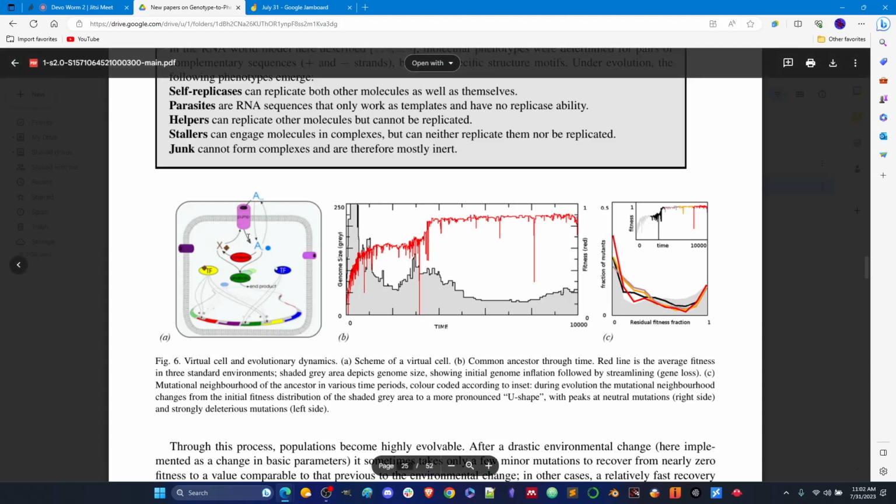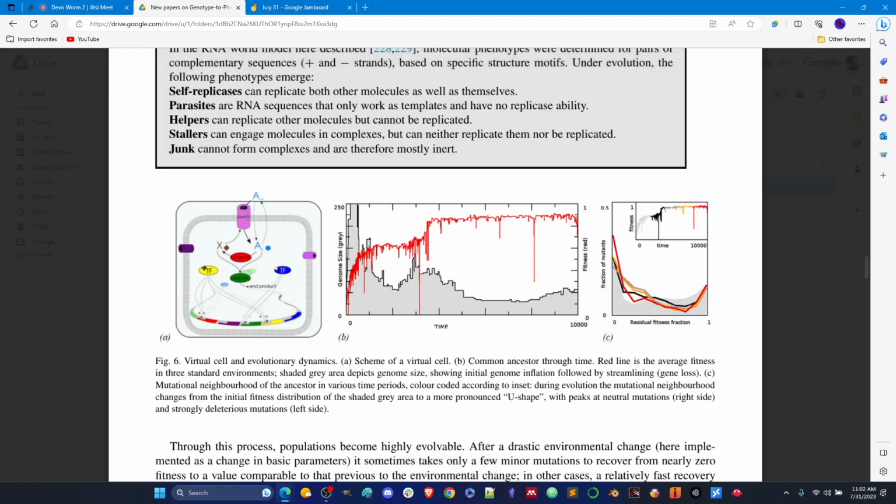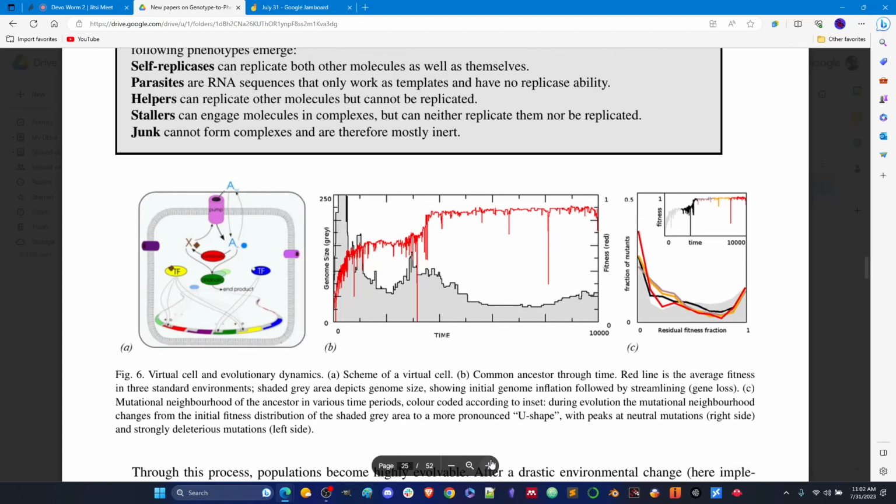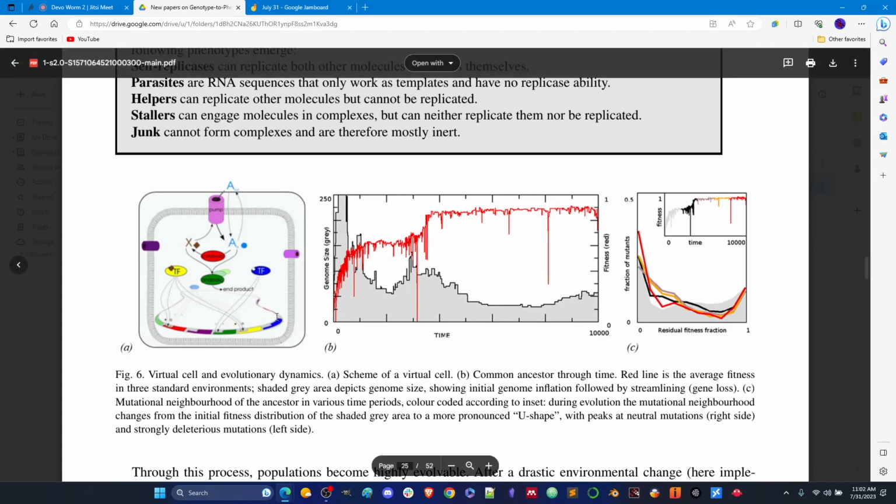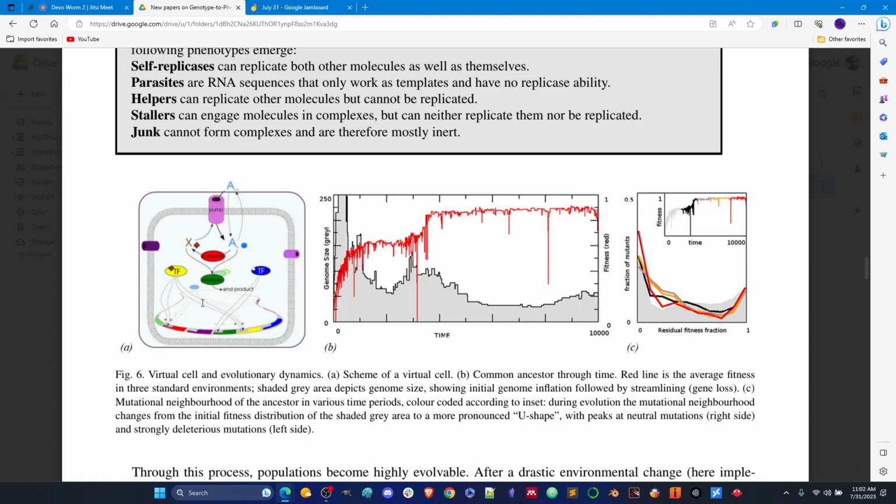Around here is the scheme of a virtual cell. You have some sort of ion pump, pumping things into the cell. You have these different reactants in the middle of the cell. You have the end product, and then you have transcription factors that bind to genes and express them. And so this is a whole metabolic cycle within the cell.